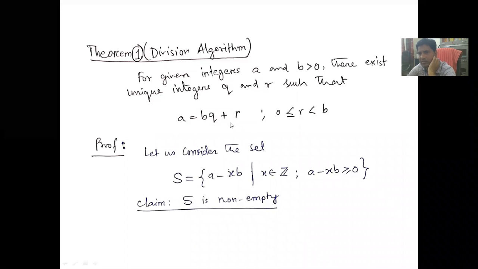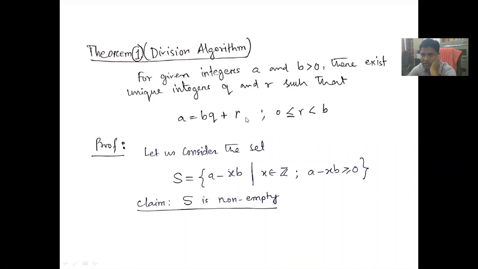This representation is unique for two numbers a and b, where b is greater than 0. a can be written as bq plus r, where r is strictly less than b and greater than or equal to 0.